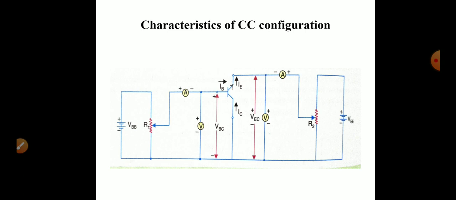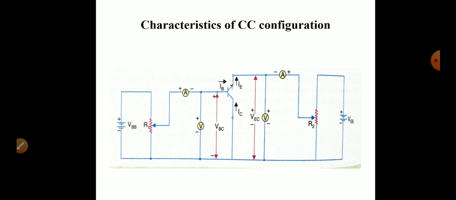To measure the input current, base current, an ammeter is connected between the input potentiometer, input rheostat and base terminal. And to measure the input voltage, a voltmeter is connected in parallel with the base collector terminals.